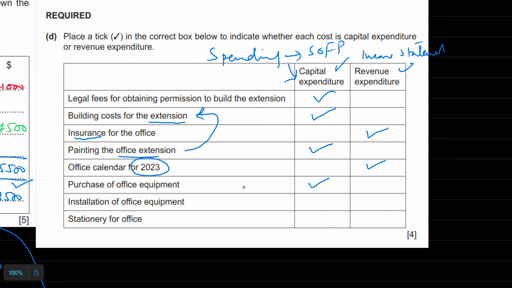Installation cost is also a capital expenditure. Any expenditure incurred on a non-current asset before use and before converted into the usable condition is considered to be capital expenditure. Stationery for office is a revenue expenditure.